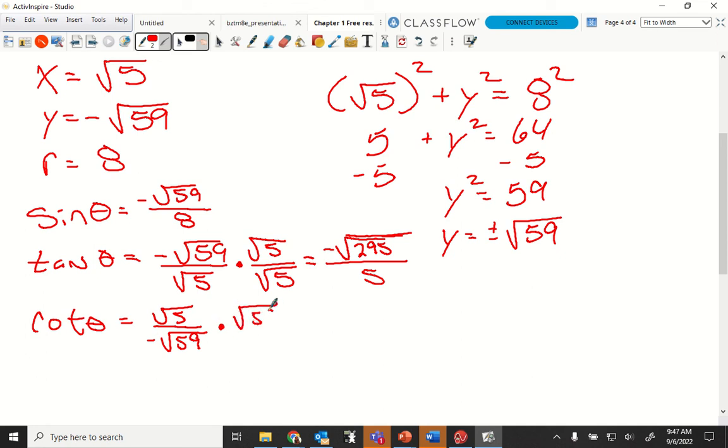The denominator is going to be different, though. There's the negative out front. So it's going to be negative square root of 295, and that's going to stay the same, over 59 this time.